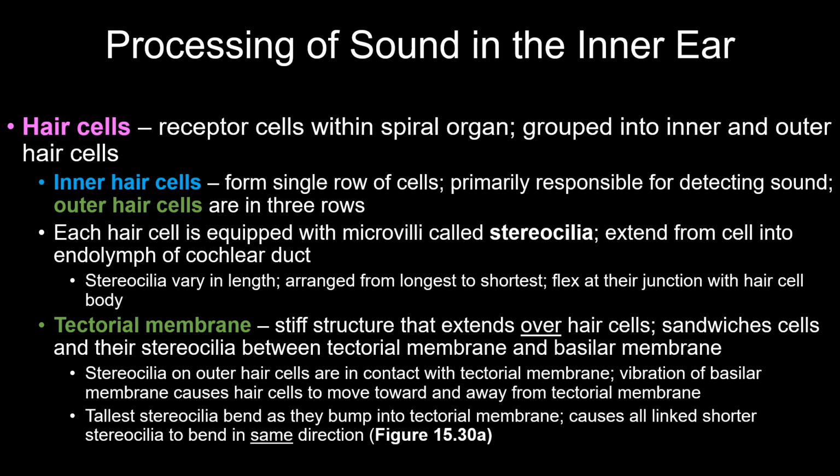So when this basilar membrane vibrates up and down in response to sound waves, the inner hair cells are going to move with it toward and away from the tectorial membrane. And so that activates and generates these action potentials in the hair cells, and we'll talk about this in just a second.